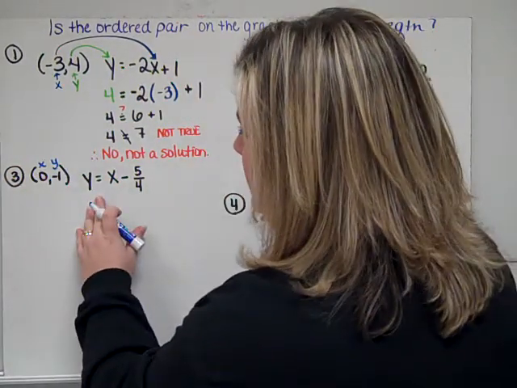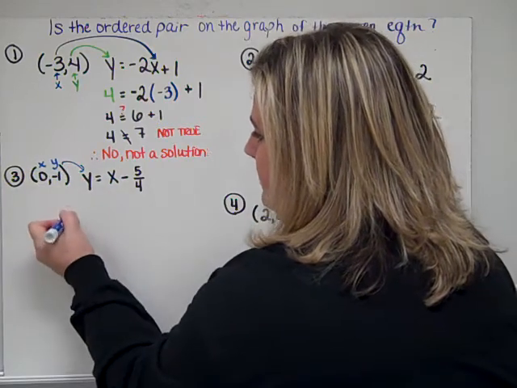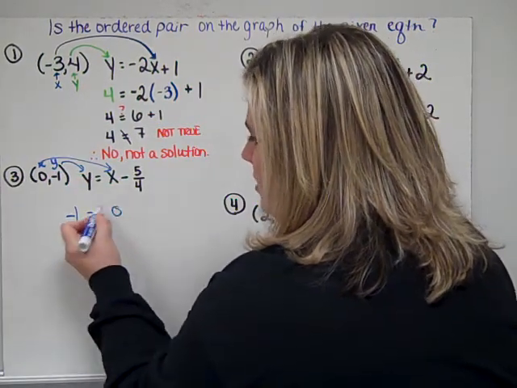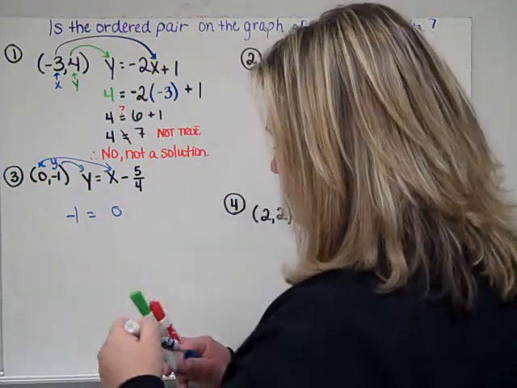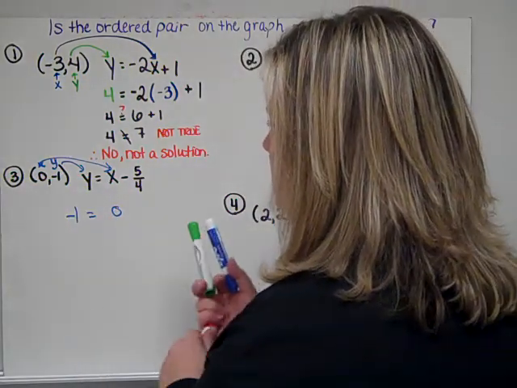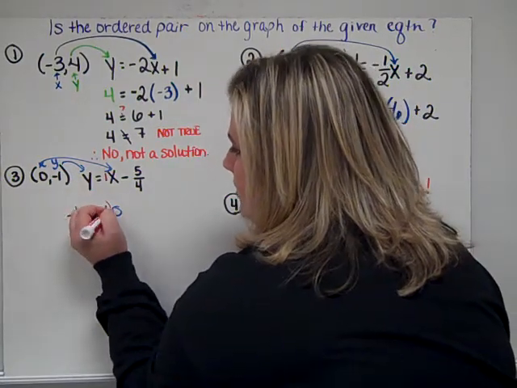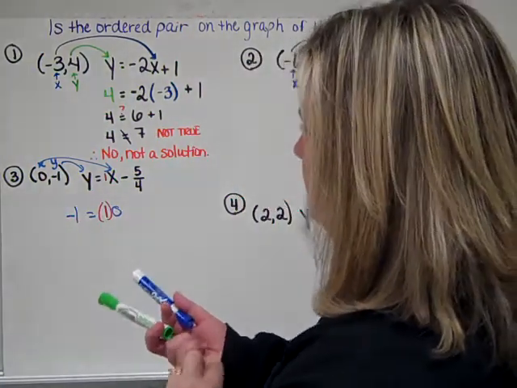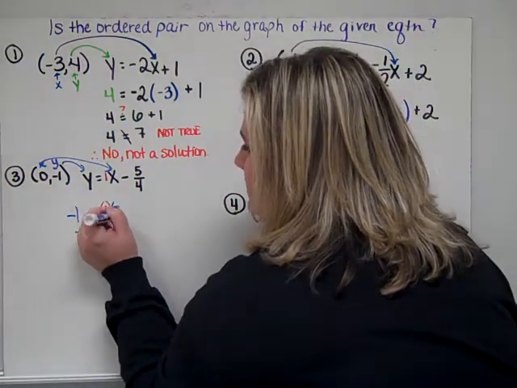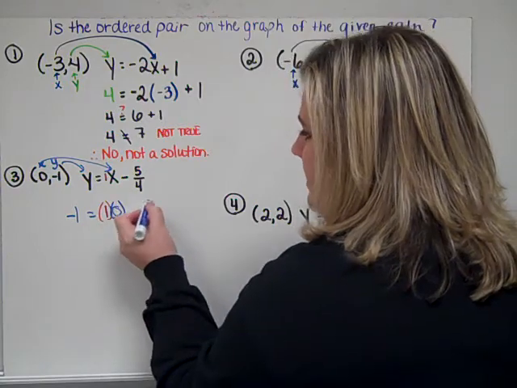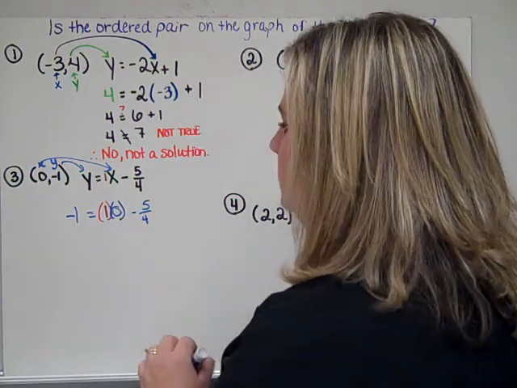So here's my x and y. Okay? So when I plug in, my y is negative 1. My x is 0. And the coefficient here, remember, there's an understood 1 coefficient when you have that x by itself. Okay? So the x coordinate is 0, and don't forget the b sitting on the end, minus 5/4. Okay?